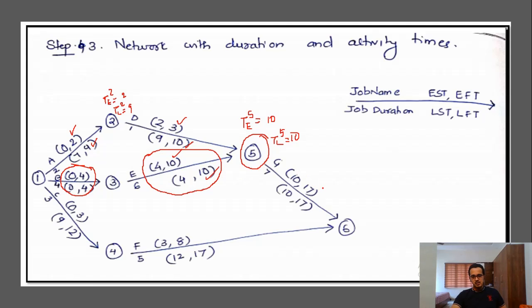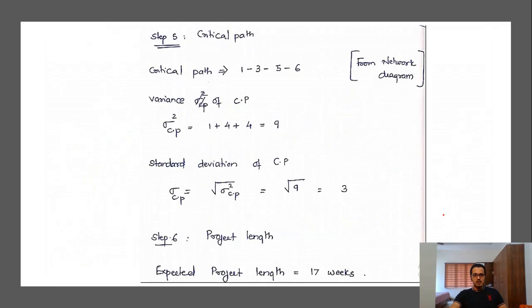And then it is 10, 17 and 10, 17. So which means that the critical path will be 1, 3, 5, 6. Okay, so we identified the critical path. That's what is mentioned here, 1, 3, 5, 6.